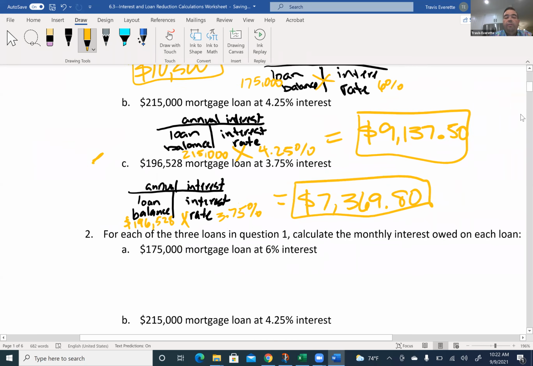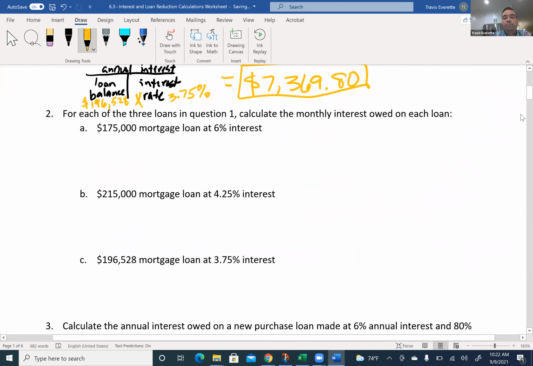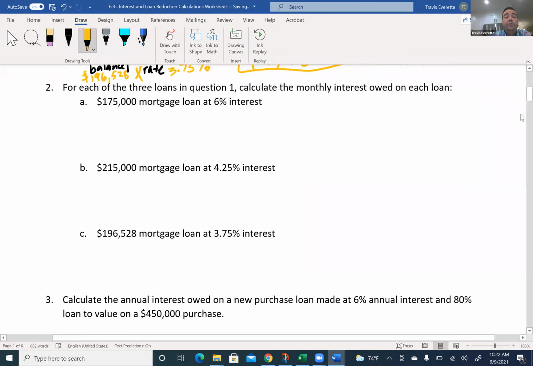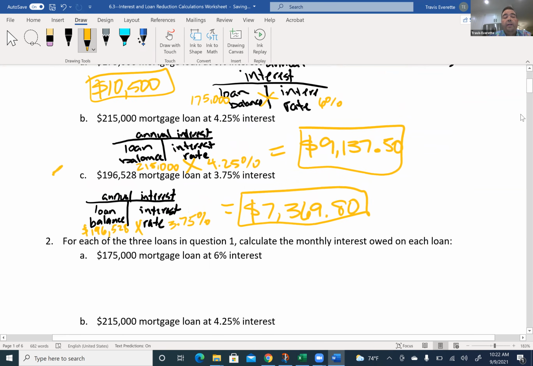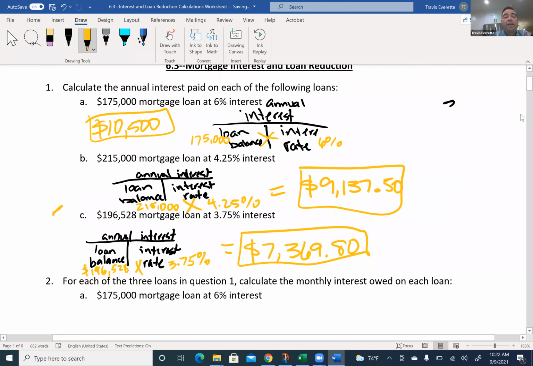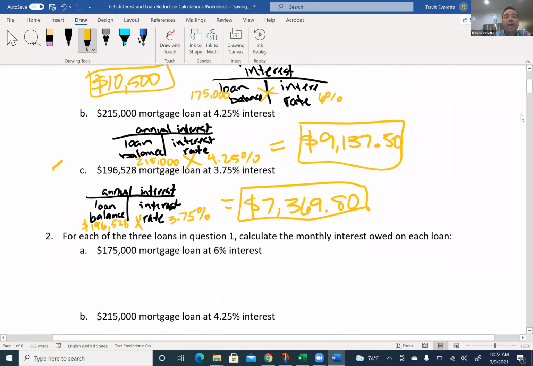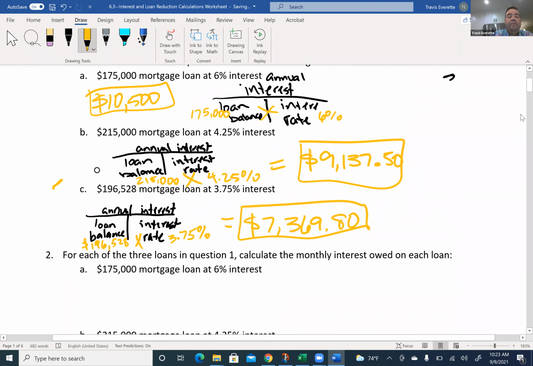So pretty easy. And then number two, really simple as well. It says for each of the three loans in question number one, calculate the monthly interest owed on each loan. And they just kind of repeated the ones. Well, we've already started the math here, so there's no need for me to repeat that math. I know in A, $175,000 at 6% interest, I know it is $10,500 annually.